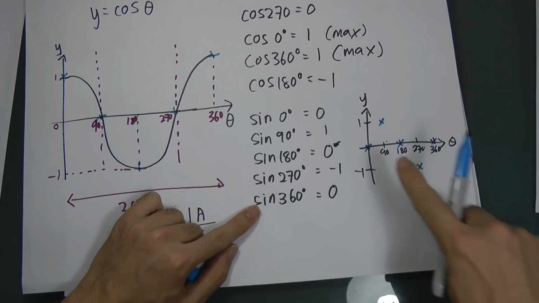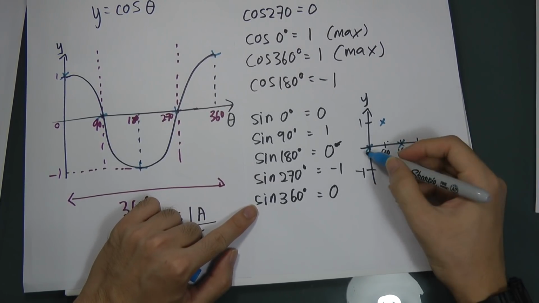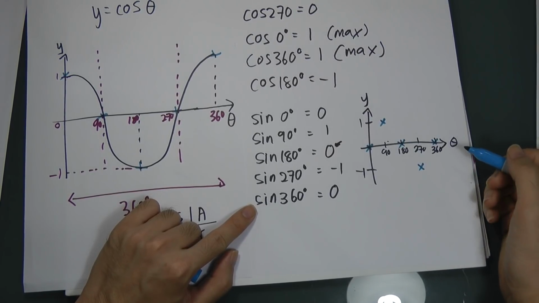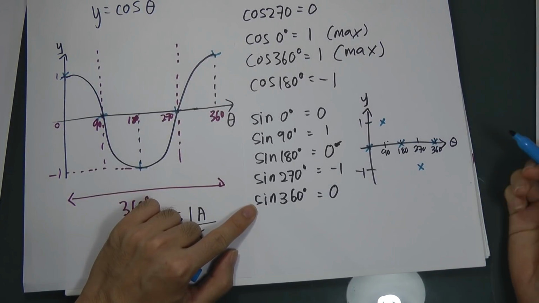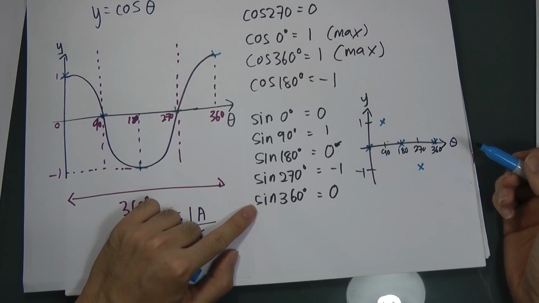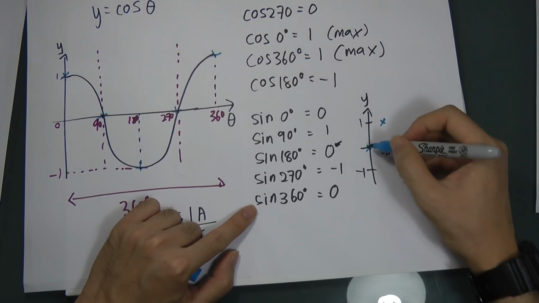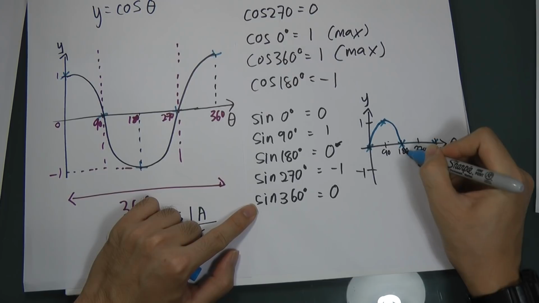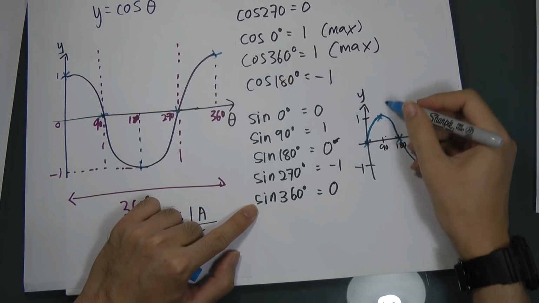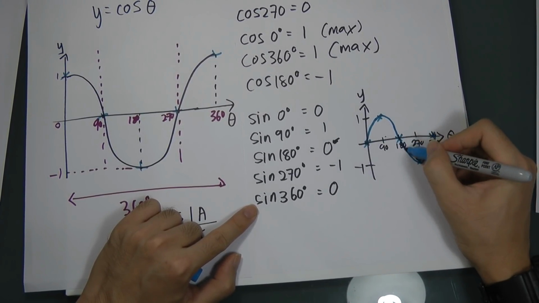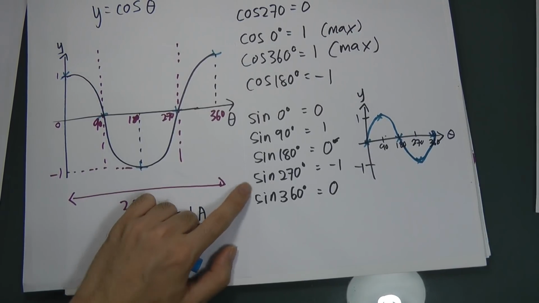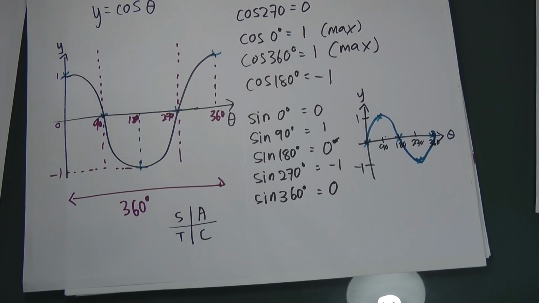Then of course, after you plot like this, you don't use your ruler to connect, or I will definitely fail you, okay? Just make sure you roughly get the idea. This is the S shape. Don't use a ruler to connect. Of course, draw a bit nicer. Then you got the shape of the graph.